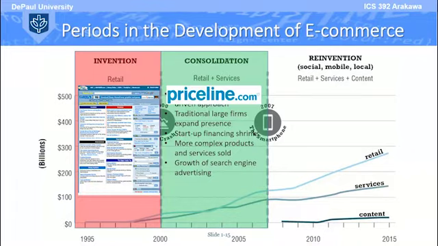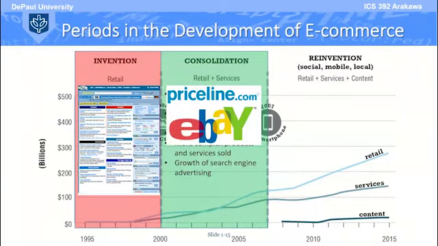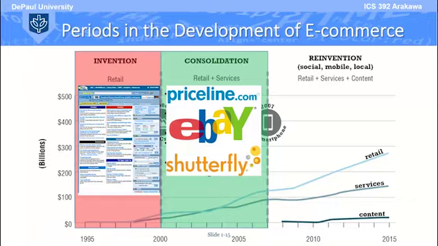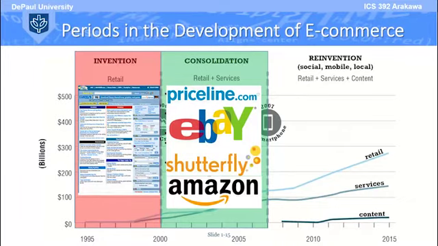Some examples of companies that made it out of the first phase, invention, and made it into consolidation, and even through till today: Priceline, eBay, Shutterfly, and of course Amazon.